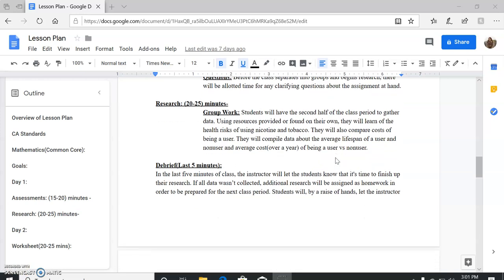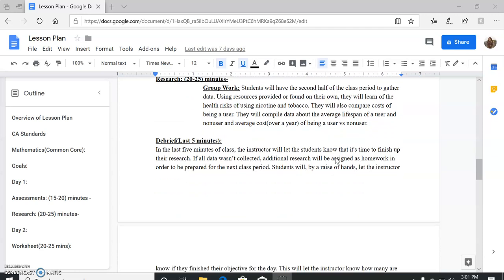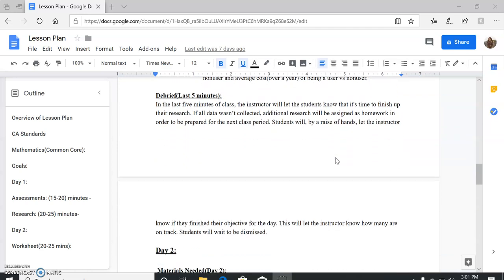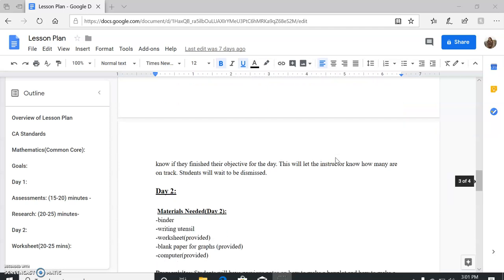If they haven't found all the data they need and kind of wasted the time period, then they will be asked to get the rest of their additional information done as homework. I will do a survey of how many students completed this, so I know where we are for the next class period and make sure that we are on track.